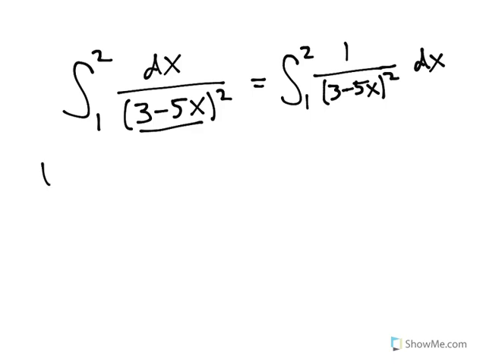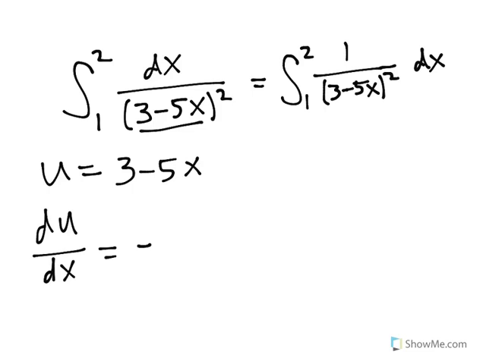So if you call u your inside function of 3 minus 5x, then du dx, the derivative, is equal to negative 5, and this is just a constant. So even though there's no other values that show up on the top or out front, the fact that we just get a constant for our derivative means we could be off by that constant or coefficient to start out with. That's okay, we can still handle this.